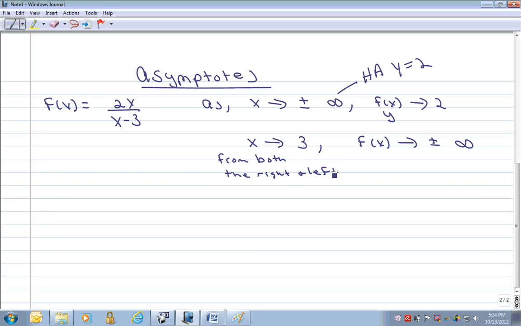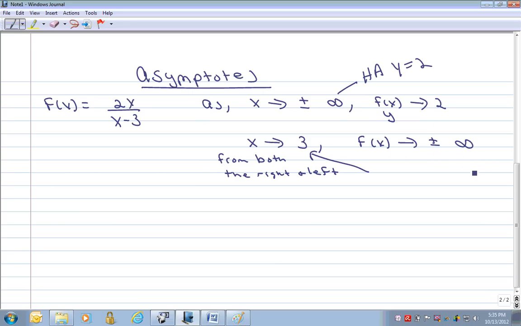And then as our x values approached 3, our graph approached positive and negative infinity. Notice as the x values approach infinity, the graph approached a value, and as x approached a value, the graph approached infinity.